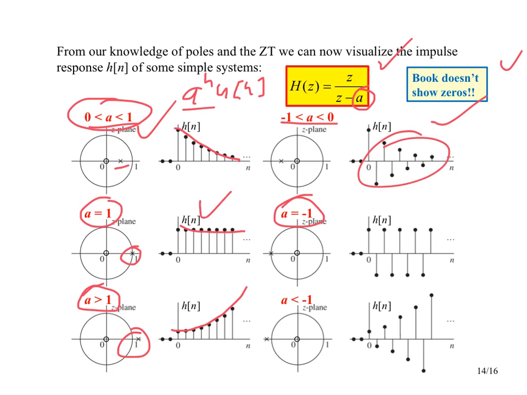Similar to the A equal to 1 case, it never decays, but now it just oscillates back and forth between basically plus 1 and minus 1. If A is less than negative 1, this thing's going to oscillate but explode. So by just looking at these pole positions, we can get an idea of what the impulse response is going to look like for a very simple first order system.